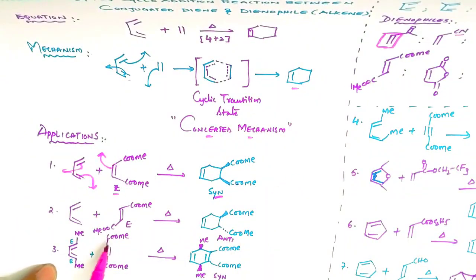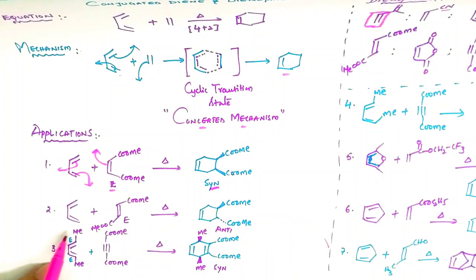The second condition is that the dienophile is stable, there is no change, but if you put the substituents at the conjugated diene, at the terminal position, if the groups are opposite to each other, then we will come up with E configurations or not. Simply if the groups are opposite to each other, in the final product, the groups will be on the same side, syn product will be formed.